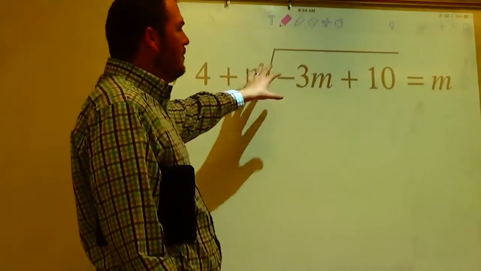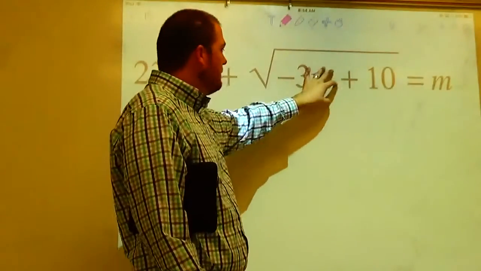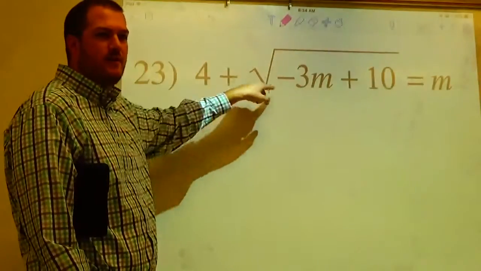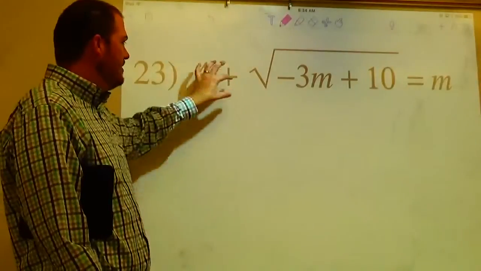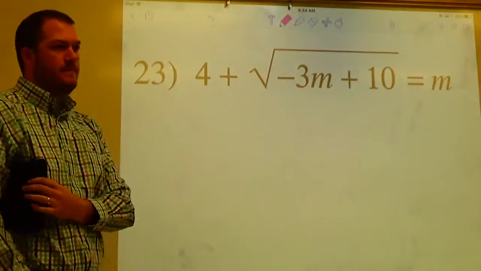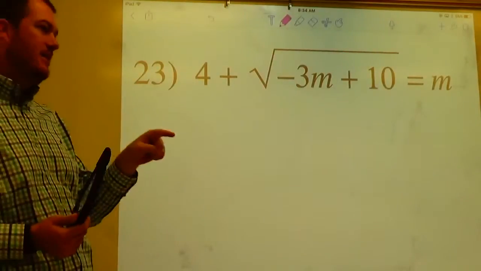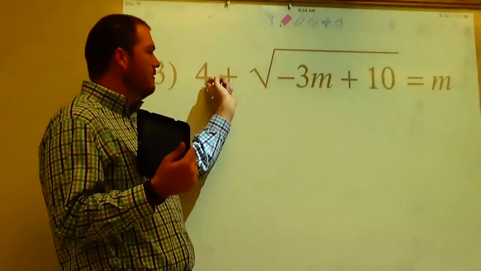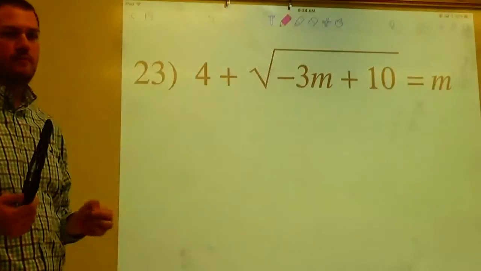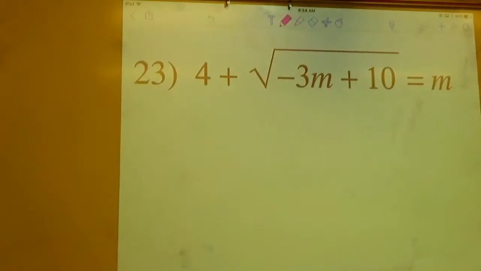Guys, is the square root by itself? No. How do I get the square root by itself? Not yet. That's once I get it by itself. How do I get the square root by itself? Move the 4. How do I move the 4?